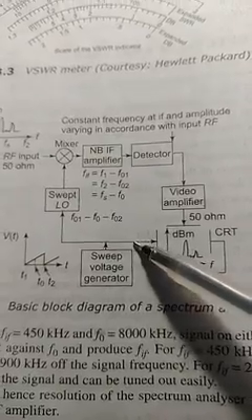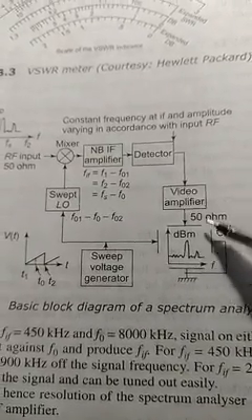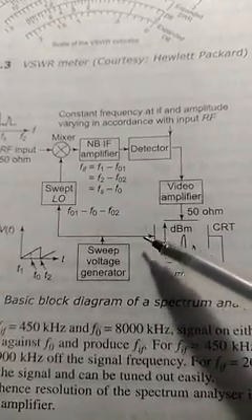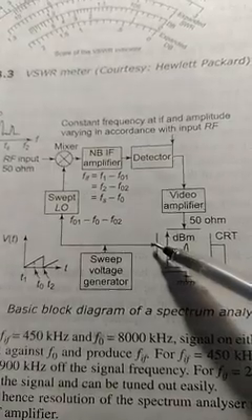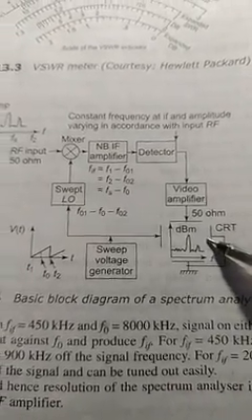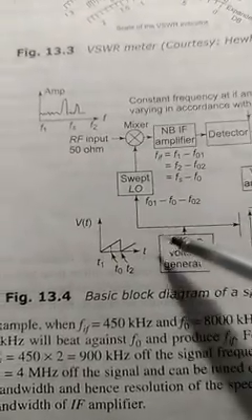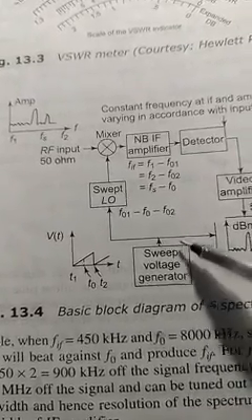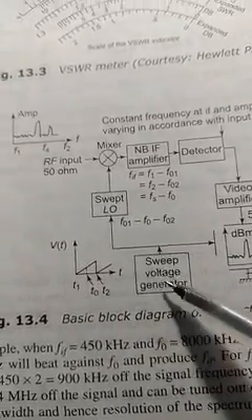And here are the horizontal and vertical plates, where the blinking spot will deflect horizontally. And this is a sweep voltage generator, which generates the sawtooth wave.